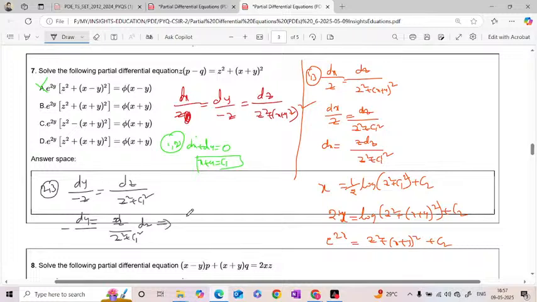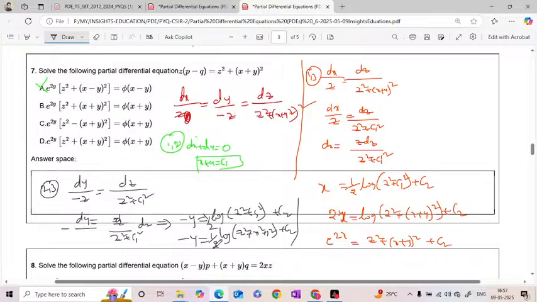After applying the substitution method, minus y is equal to 1 by 2 log of z square plus c1 square plus constant. That means minus y is equal to 1 by 2 log of z square plus x plus y whole square plus c2.